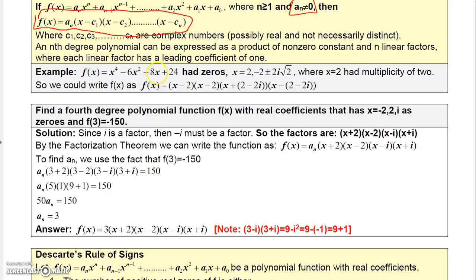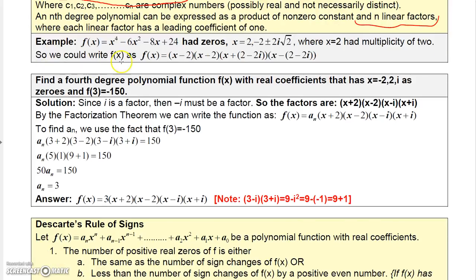So basically, a polynomial of degree n can be expressed as a product of a non-zero constant and n linear factors, where each linear factor has a leading coefficient of 1.